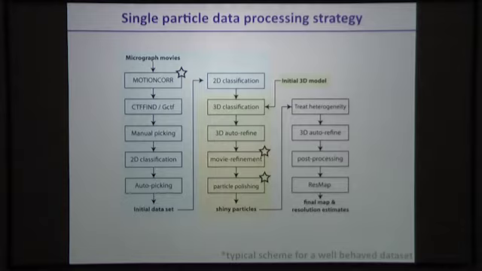We'll discuss how we can do movie refinement and particle polishing to account for particle movement and radiation damage within Relion. Then we'll discuss different approaches to treat heterogeneity in our samples. And finally, how to get your final map through post-processing and local resolution estimation.